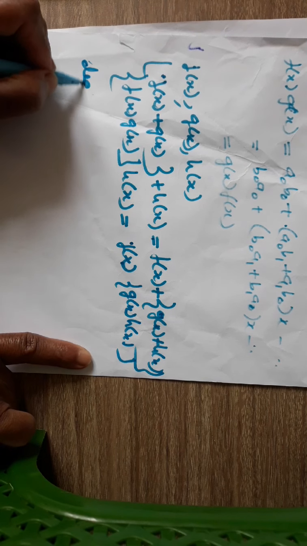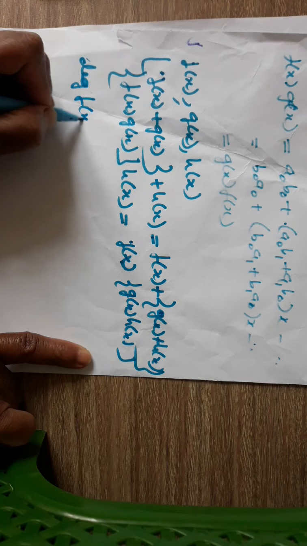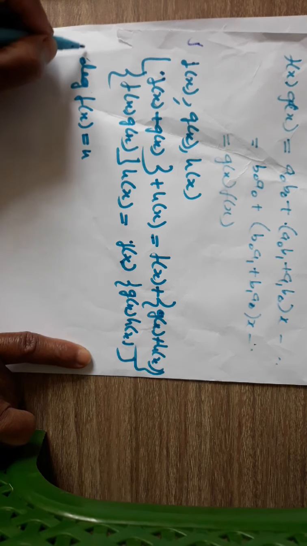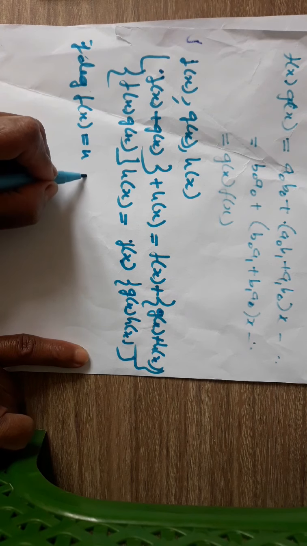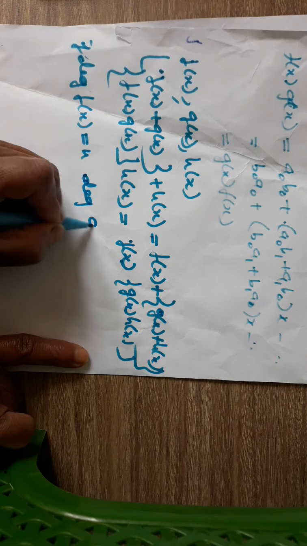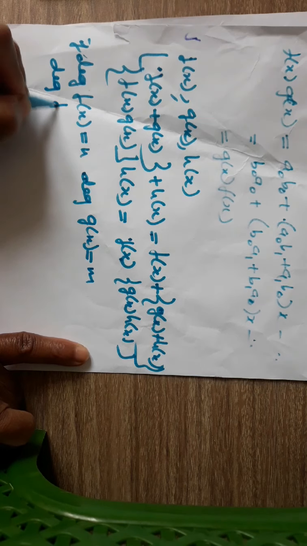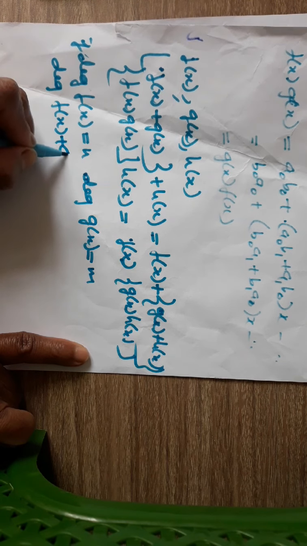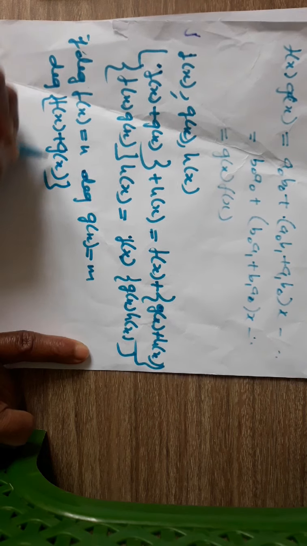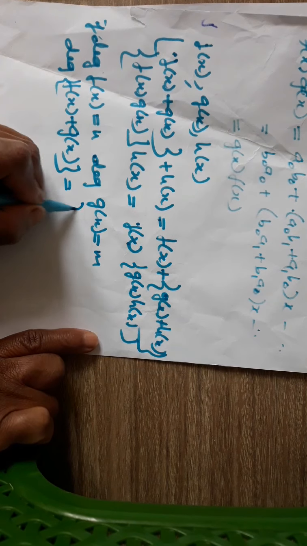And the degree of f(x) is equal to n. If you have degree of f(x) equal to n, degree of g(x) equal to m, then the degree of f(x) plus g(x), that is the sum of the two polynomials, depends on n.